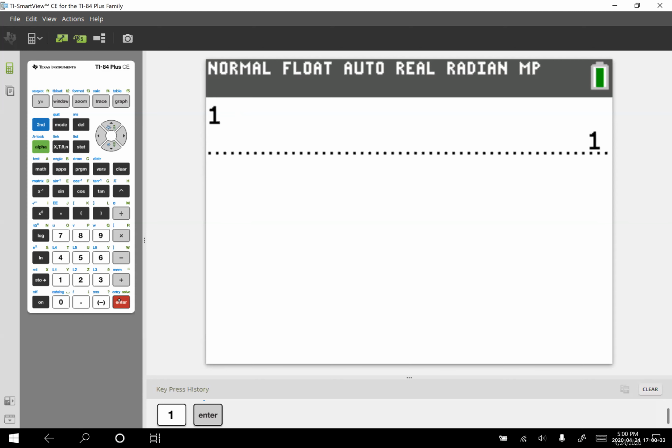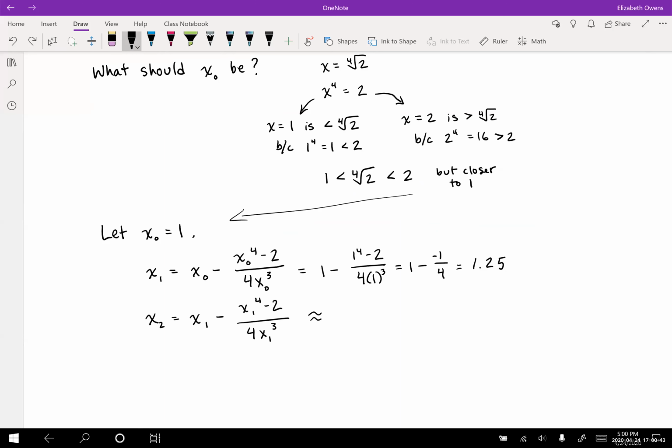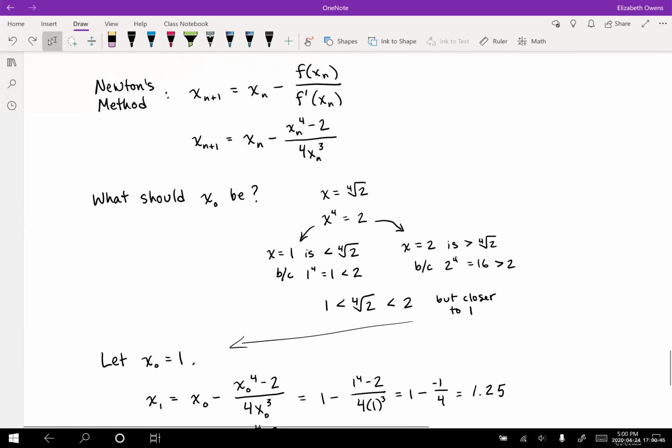Okay, so now is when we take advantage of that ANS answer key. Okay, and we're going to put in this formula effectively, but where it says X sub n, we're going to use the ANS button. Okay, so we use answer button to type that in.